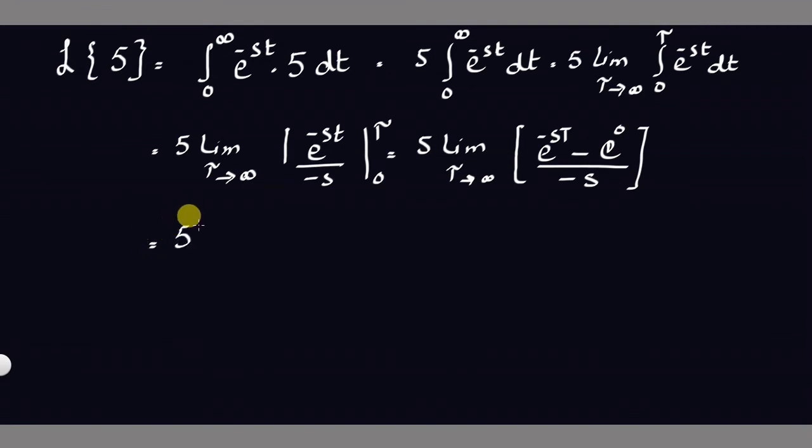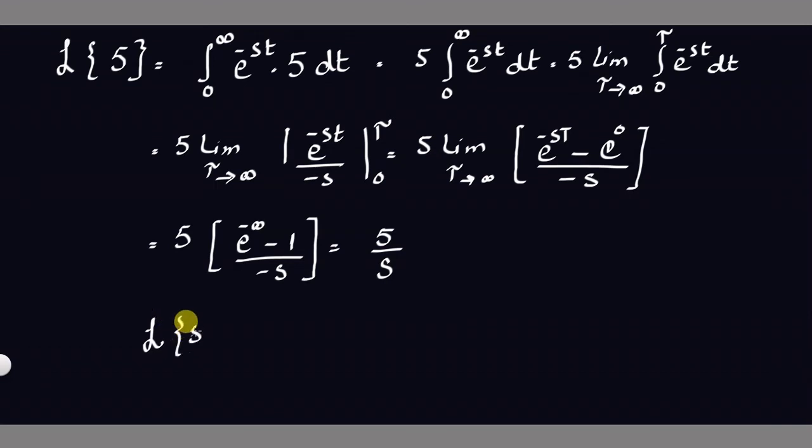So finally, after inserting the limit, what we have is this, and finally what we have concluded is the Laplace transform of 5. So this shows that the Laplace transform of 5 is always equal to 5 over s.